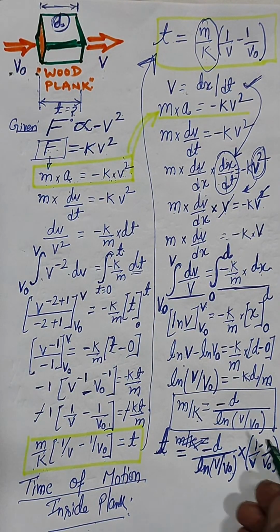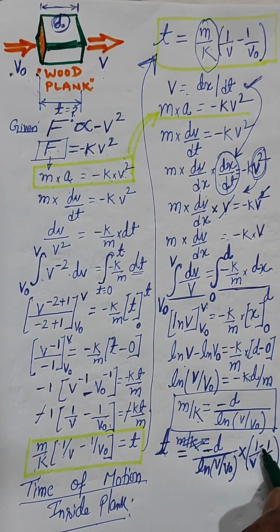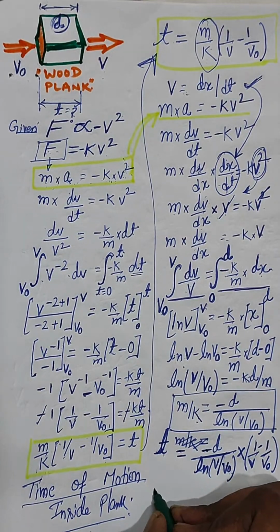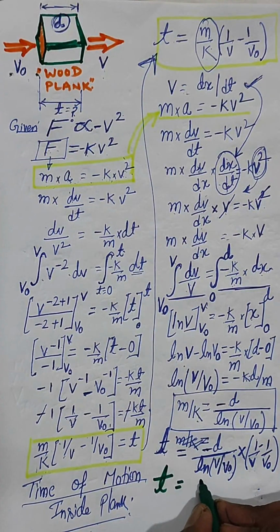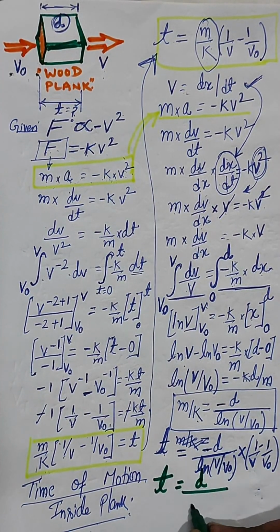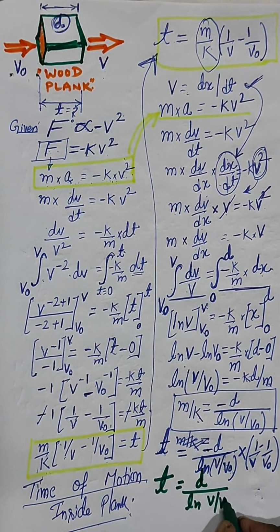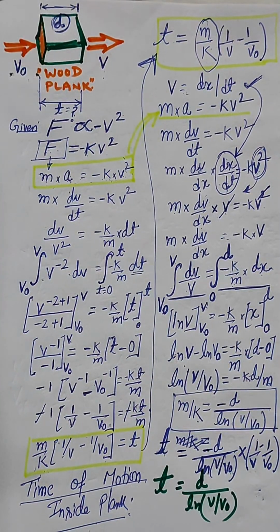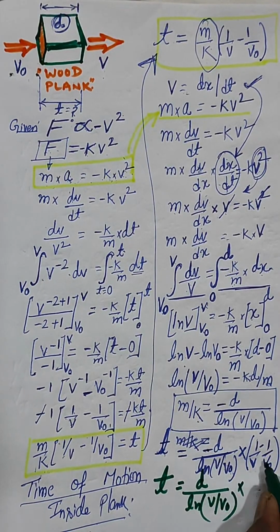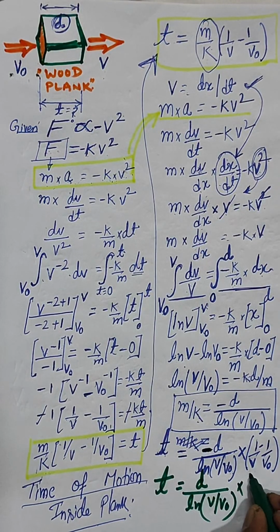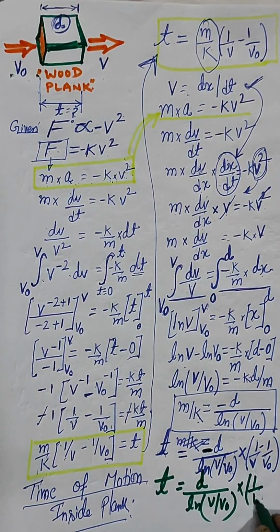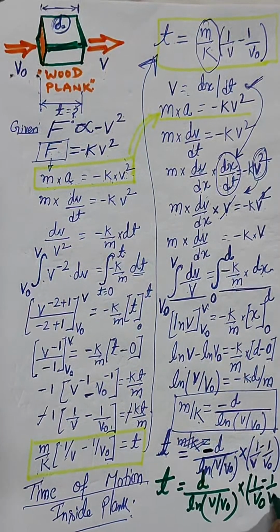When we do further dressing, the minus can be introduced inside the bracket, and this time period t can be written as d divided by ln of v by v0, multiplied with 1 by v0 minus 1 by v.